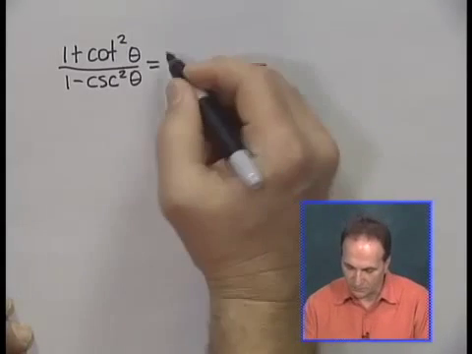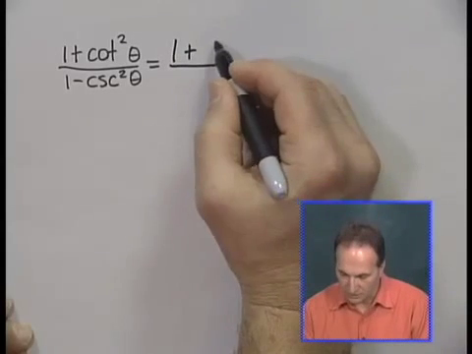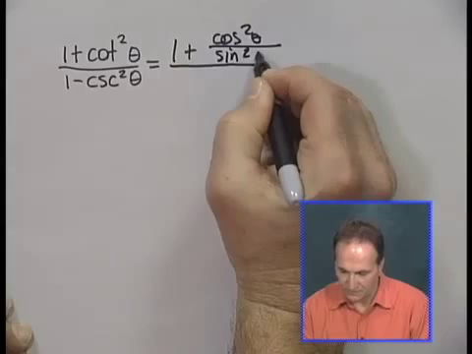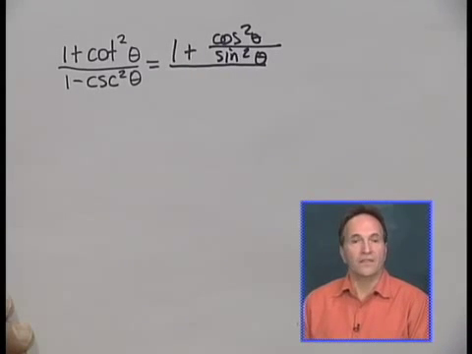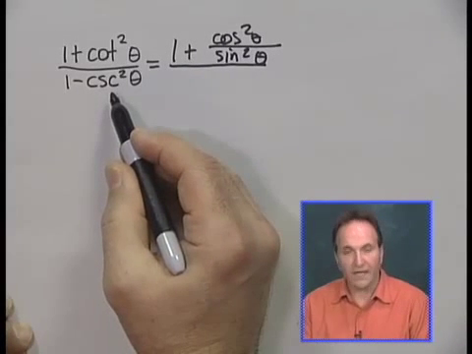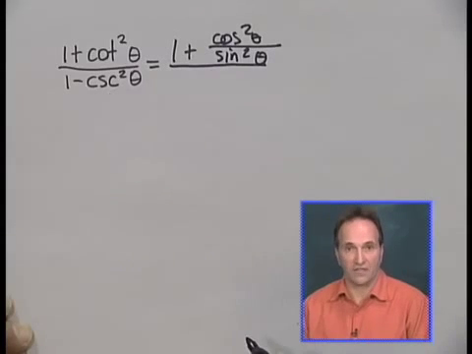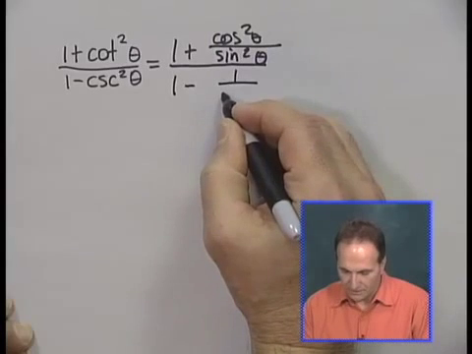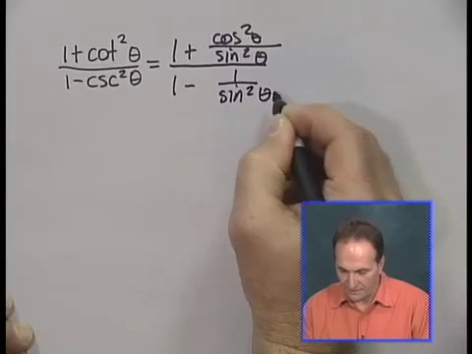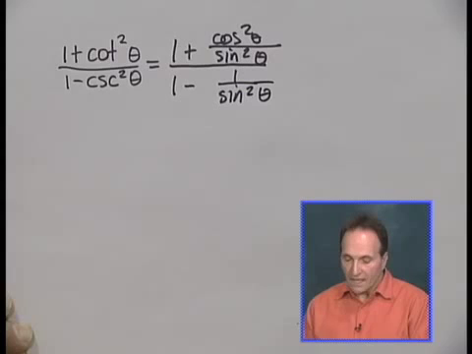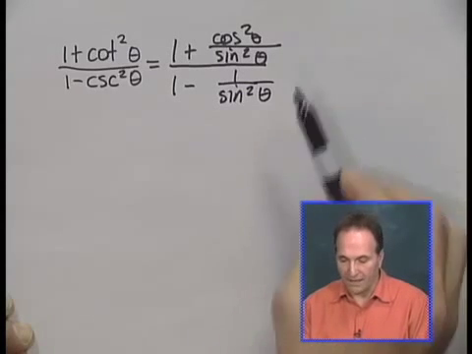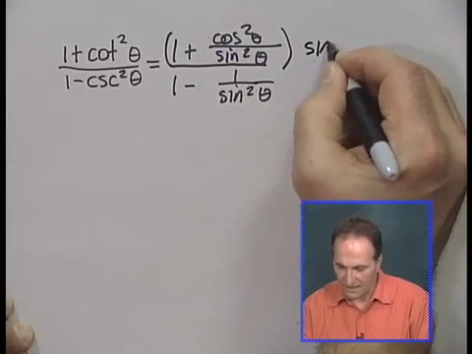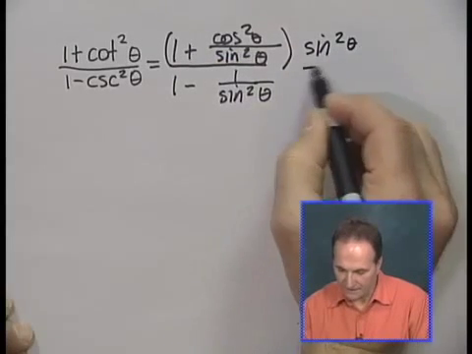So this would be equal to 1 plus cosine squared theta divided by sine squared theta. Then cosecant squared theta we can write as 1 over sine squared theta. So this would be 1 minus 1 over sine squared theta. Next, what we can do is multiply both the top and the bottom by sine squared theta.